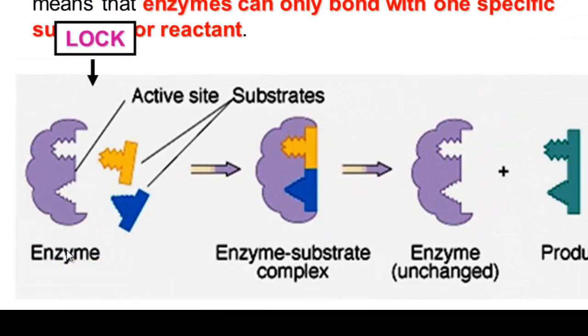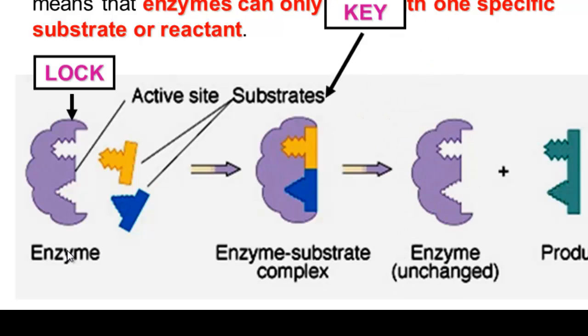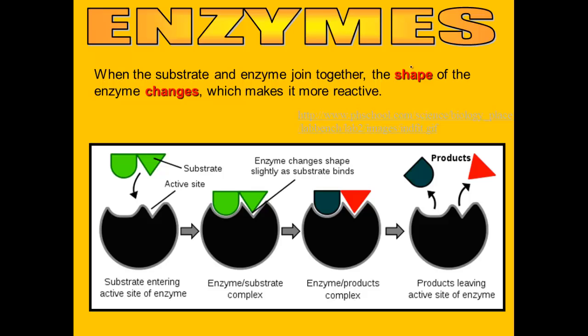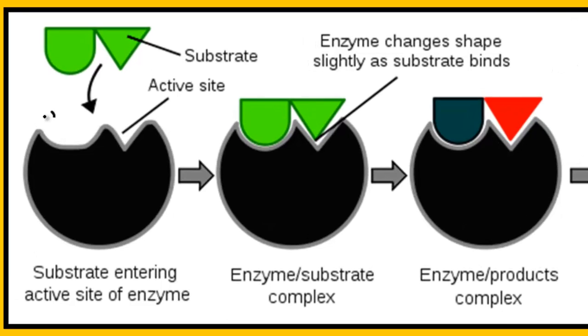So if we use our analogy, the enzyme would be the lock, and the substrates would be the key. When the enzyme and substrate come together, the shape of the enzyme actually changes. As soon as they touch each other, the shape of the enzyme changes and it becomes more reactive. You see here in the beginning, when they're not touching, the black enzyme shape isn't perfectly fit to the substrate.